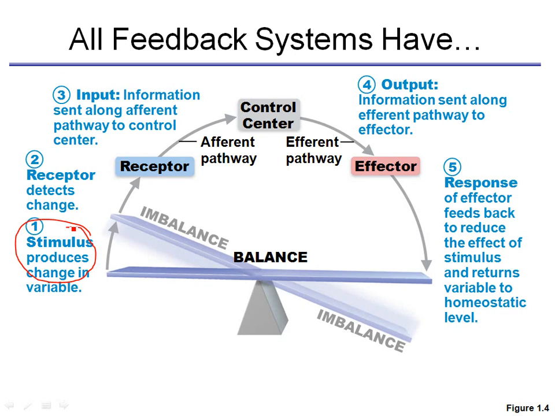That stimulus is detected by a receptor, which sends information along an afferent pathway to a control center, which thinks about it, decides what to do, decides how to solve the problem. Sends that information out along an efferent pathway to an effector for a response. Every single system does this. And you have thousands of homeostatic systems.